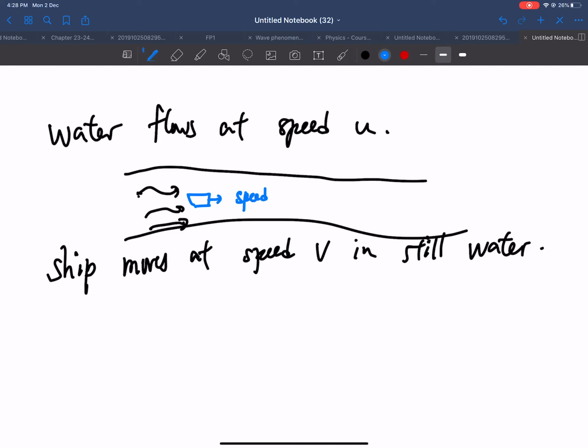If it is along the direction of the water, then it will be v plus u. Is it obvious?